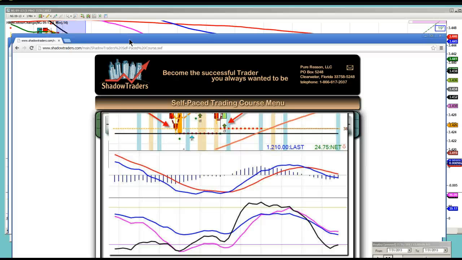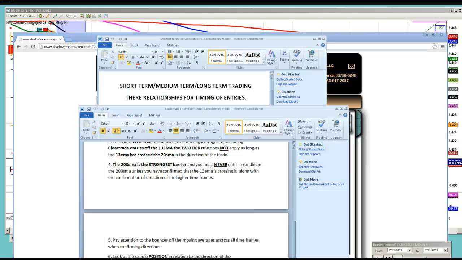And also, as additional homework, guys, because I know a lot of you haven't done it in a long time, you need to revise so that it becomes automatic. Remember, I always talk about it must be automatic. You shouldn't have to think about these things. You should know, oh, 200, I'm looking for a bounce off the 200.